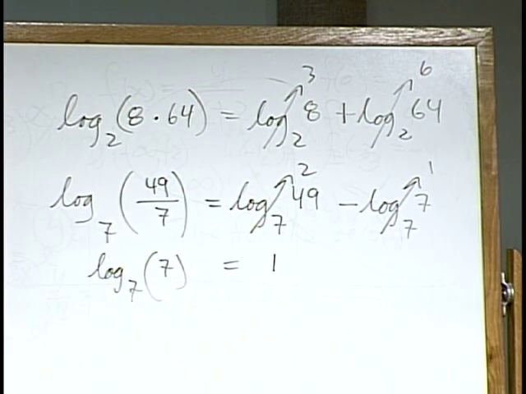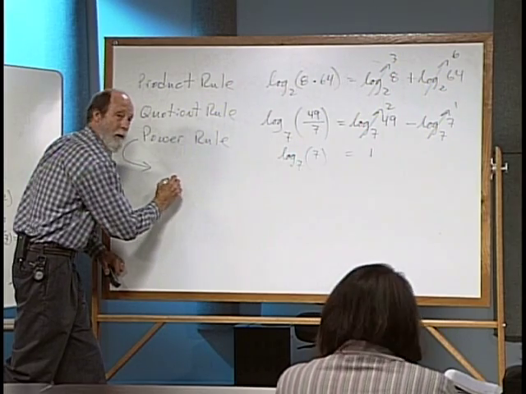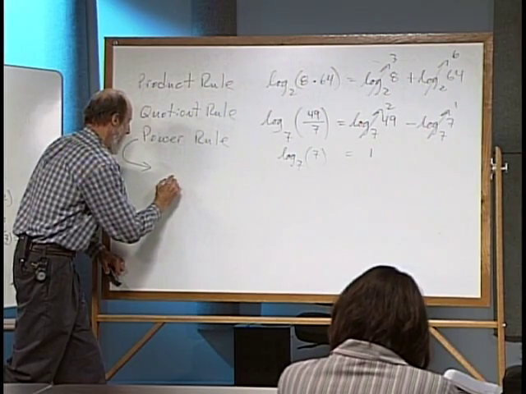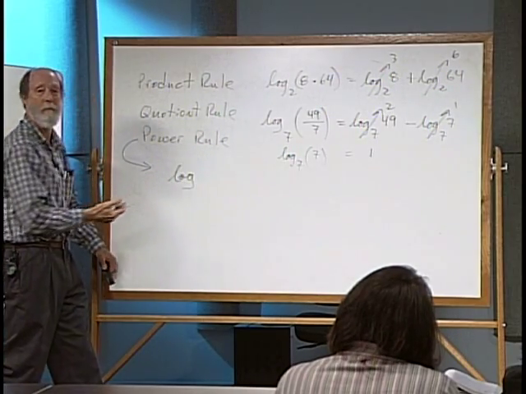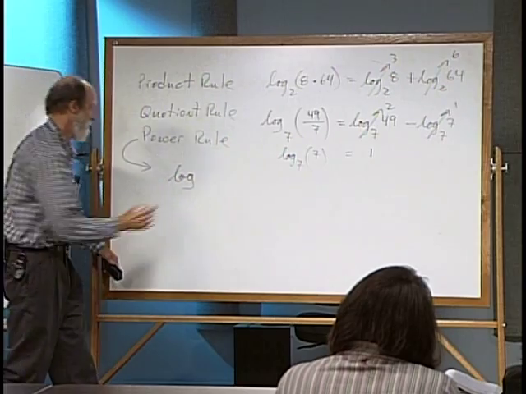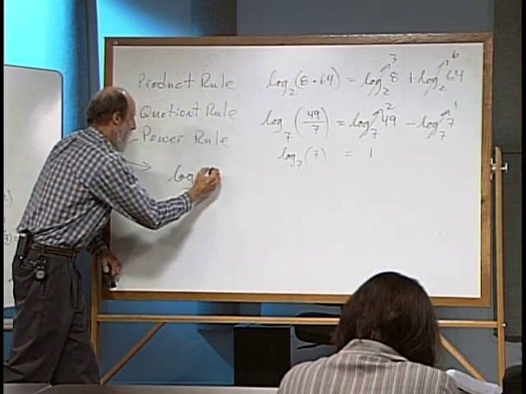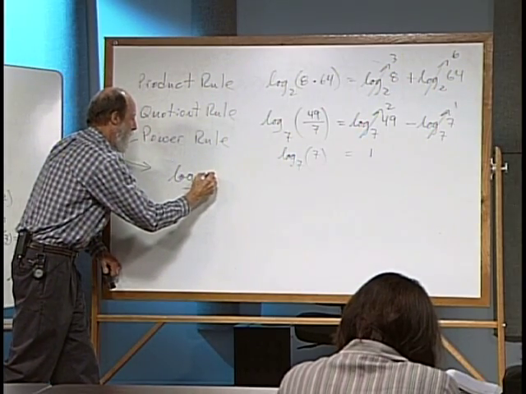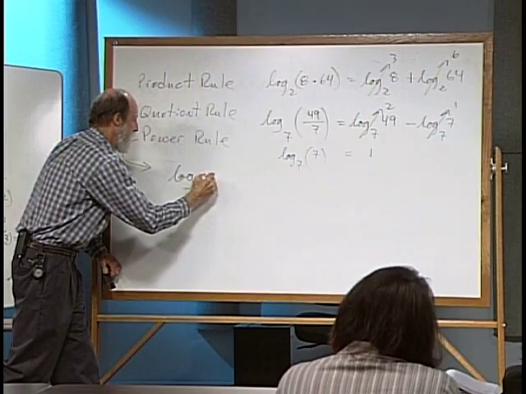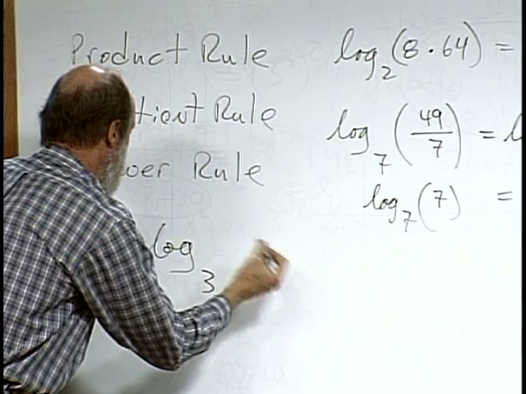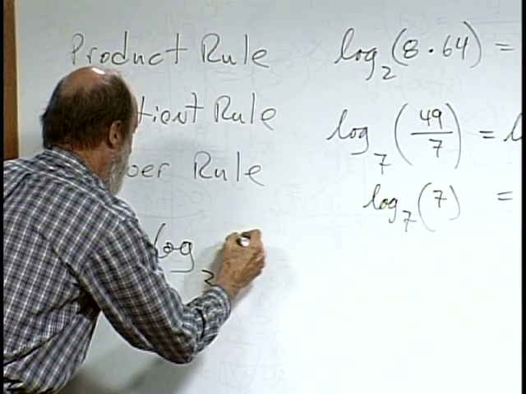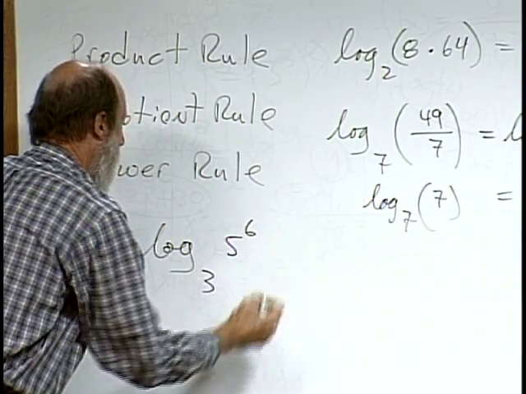The power rule. This is probably the most important rule. If we're taking a logarithm of something to a power. Let me have another base besides 7 or 2. 3. Let's use 5 to the 6th power.